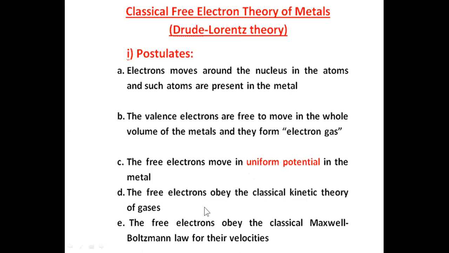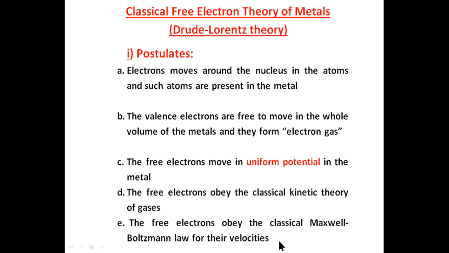Followed by, they also assumed that these free electrons obey the classical kinetic theory of gases. Just like gases which obey the kinetic theory, the electrons which are moving in the metal also obey this kinetic theory of gases.